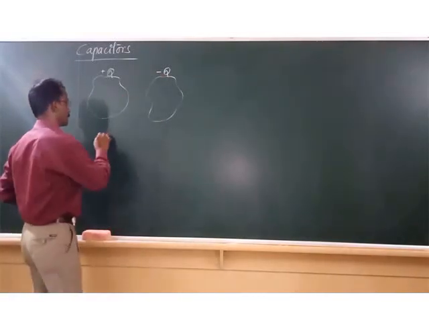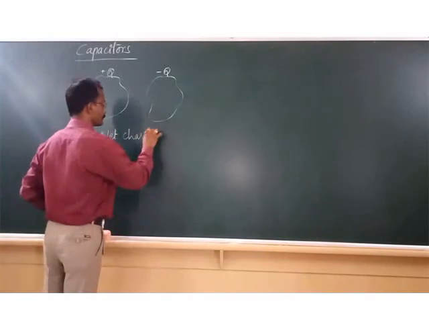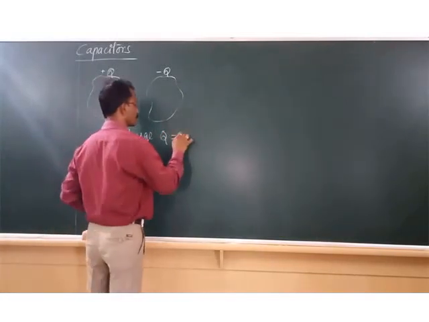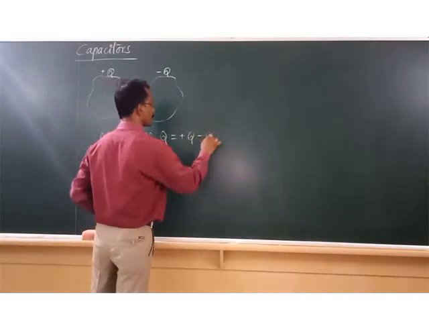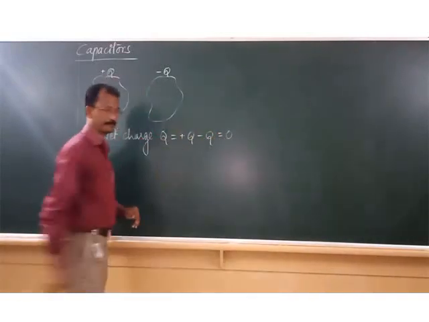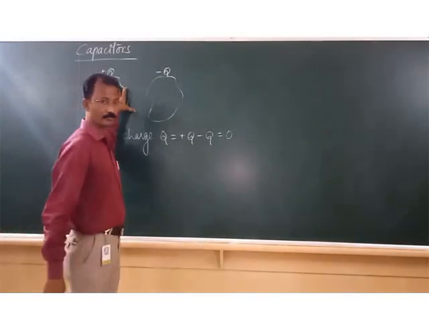Net charge is Q equals plus q minus q equals 0. Net charge on the conductor is 0.